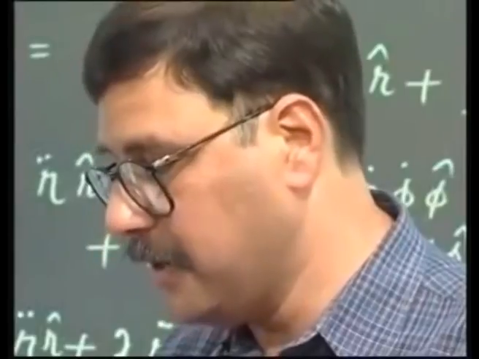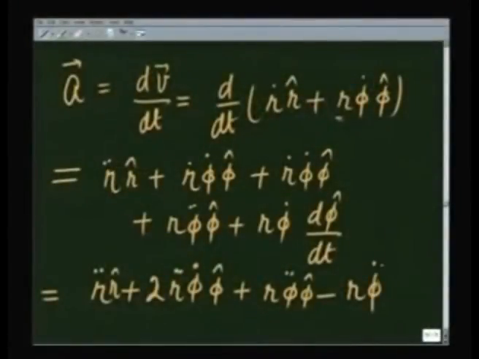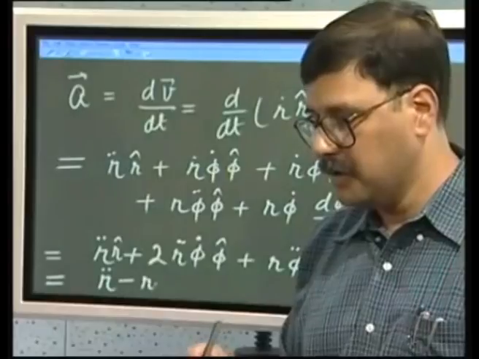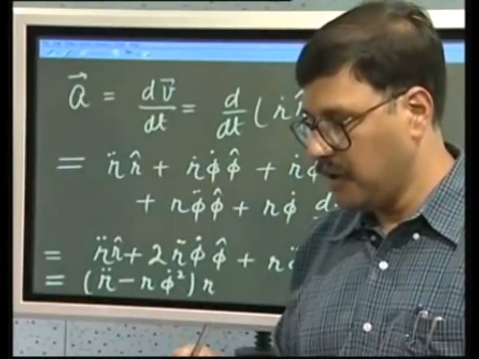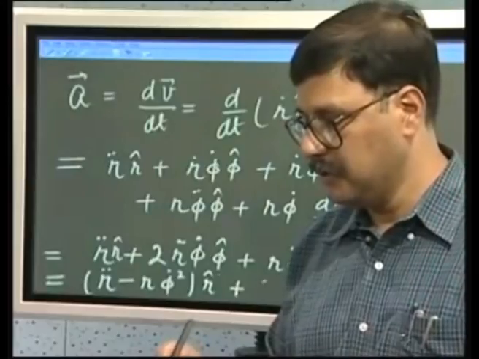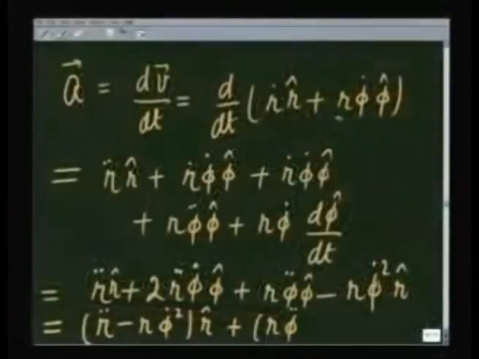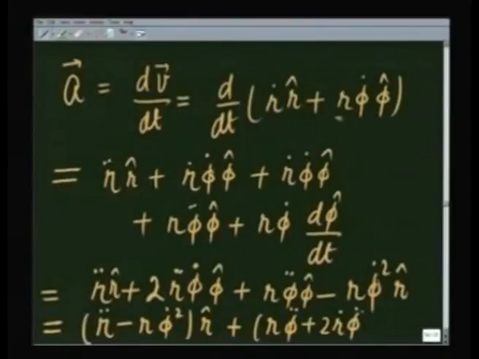So, this becomes minus r phi dot square in the r direction, which therefore can be written as: r double dot minus r phi dot square in the r direction, plus r phi double dot plus 2 r dot phi dot in the phi direction.